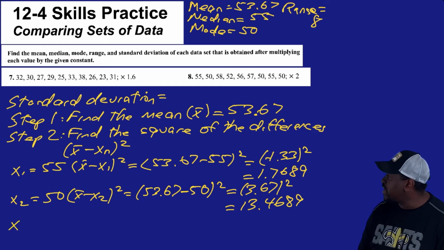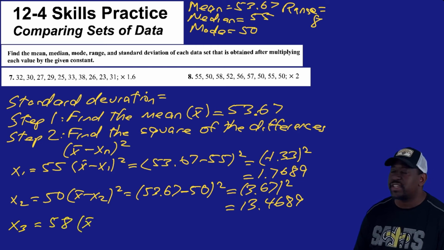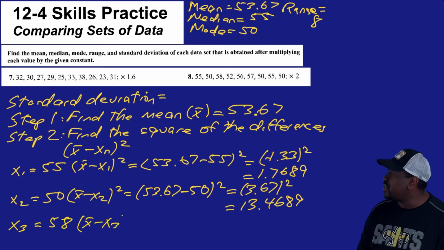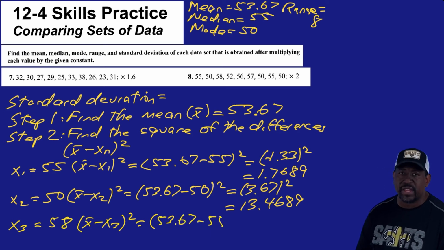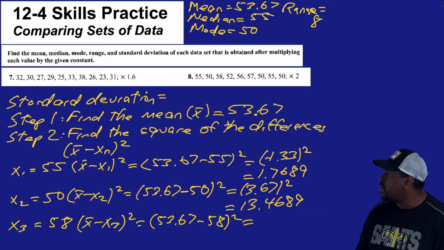In the second example, we end up getting a square of 13.4689. You can see here the NOLA MATHMAN are subtracting the mean from the term and then squaring it. Pretty self-explanatory, same concept. Be careful with the arithmetic, and you should be able to get the right answer.